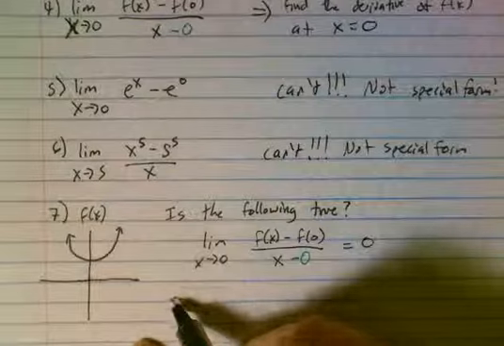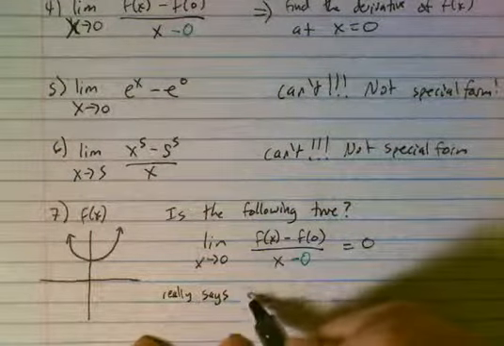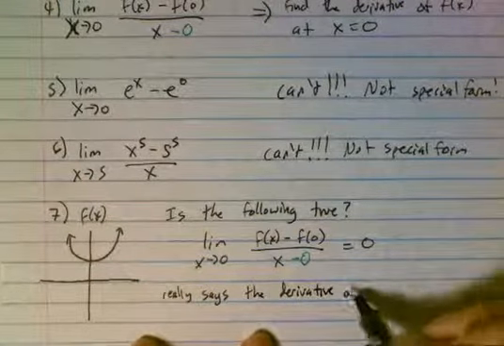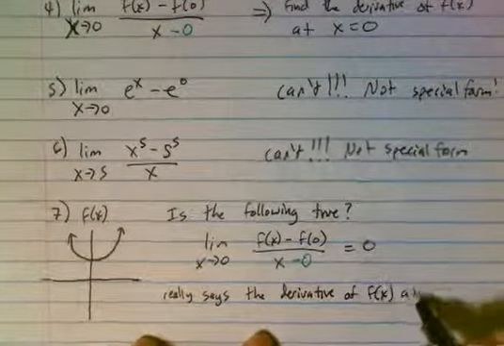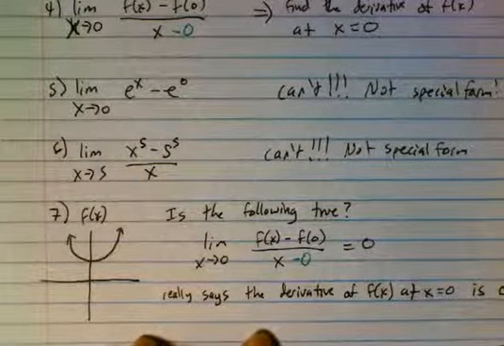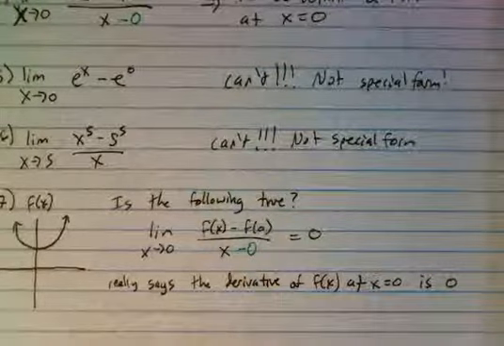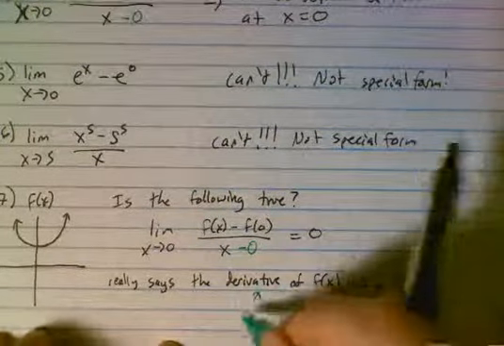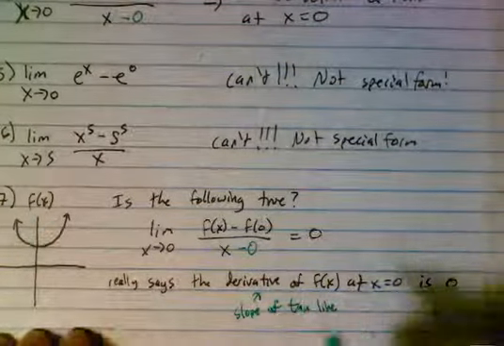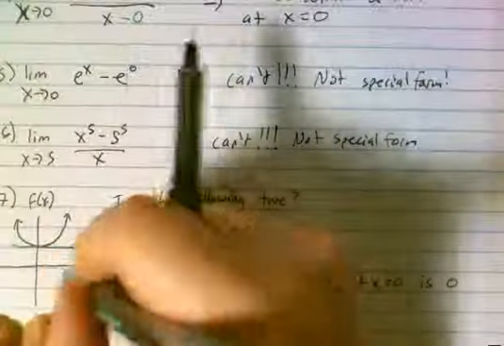This is really saying the derivative of f of x at x equals 0 is 0. Is that true or not? Well, if we look over here, derivative, that's the slope of the tangent line. Slope of the tangent line at x equals 0, sure indeed looks like 0.